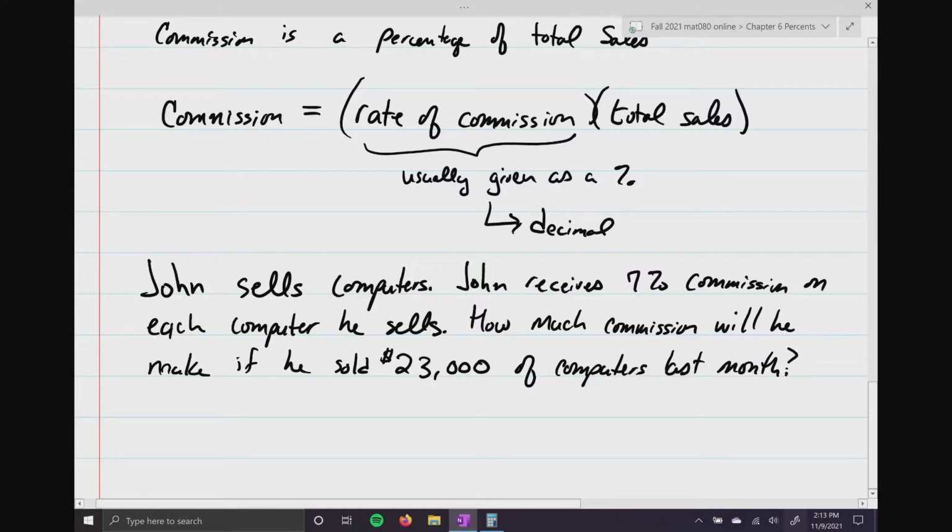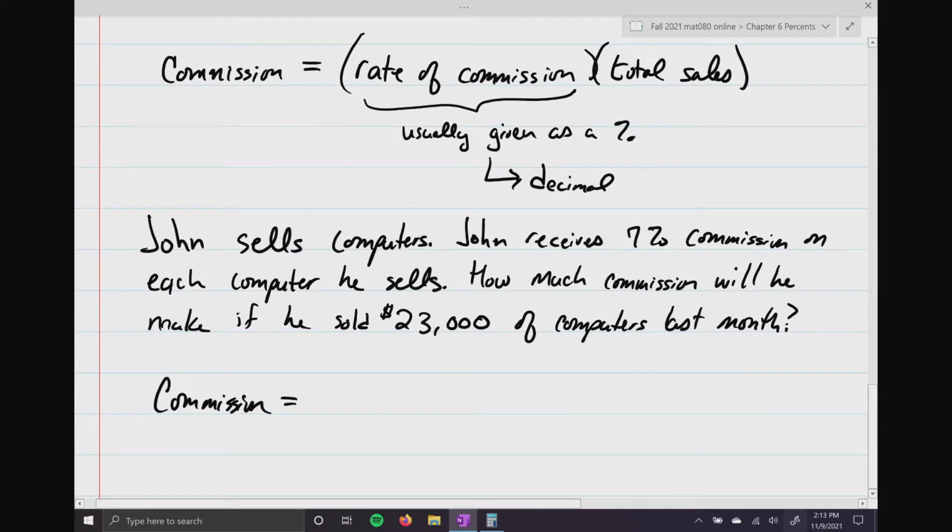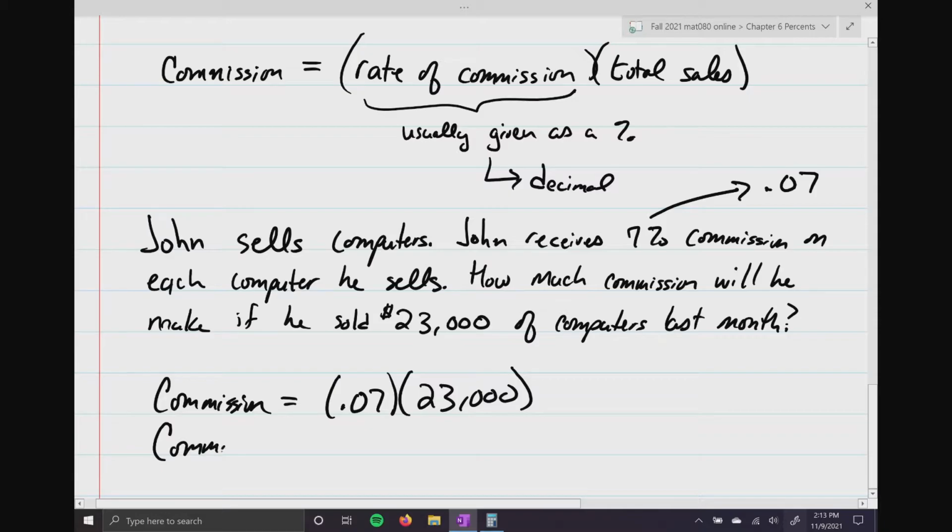So commission, remember, is going to be equal to that rate of commission times the total sales. So my rate of commission was 7%. So I need to convert that to 0.07. And then I'm going to multiply this by my total sales, which is 23,000. So our commission is going to be 0.07 times 23,000.